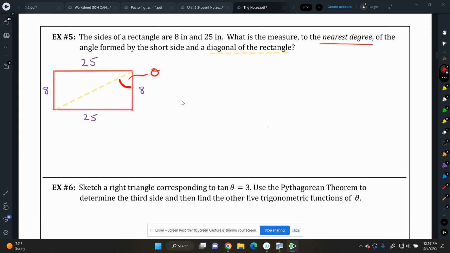So this is different because in every problem that we've done up until now, we've been given the angle. And we were asked to find a side. This time we have the sides and we're asked to find an angle. Okay? So if I look at this triangle right here, which 2 sides do I have in relationship to that angle?